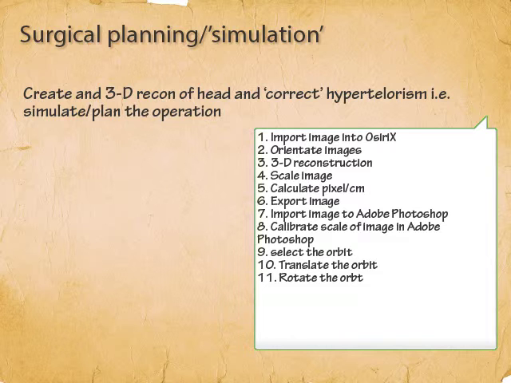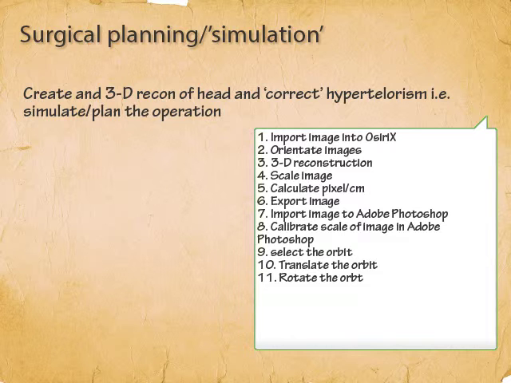This is something that you can achieve yourself: calculating the pixel per centimeter ratio, exporting the image as JPEG, importing the JPEG image into Photoshop, calibrating the Photoshop using the scale for the image that you obtained while you are working with OsiriX.